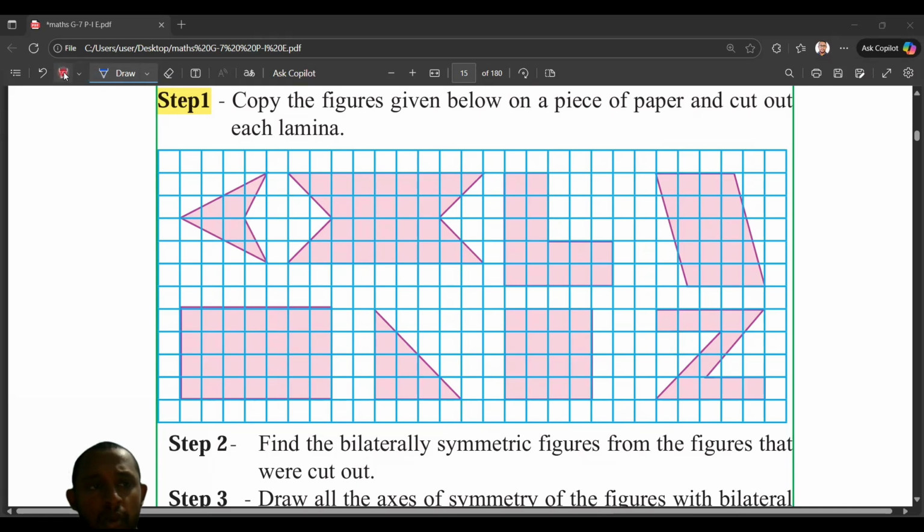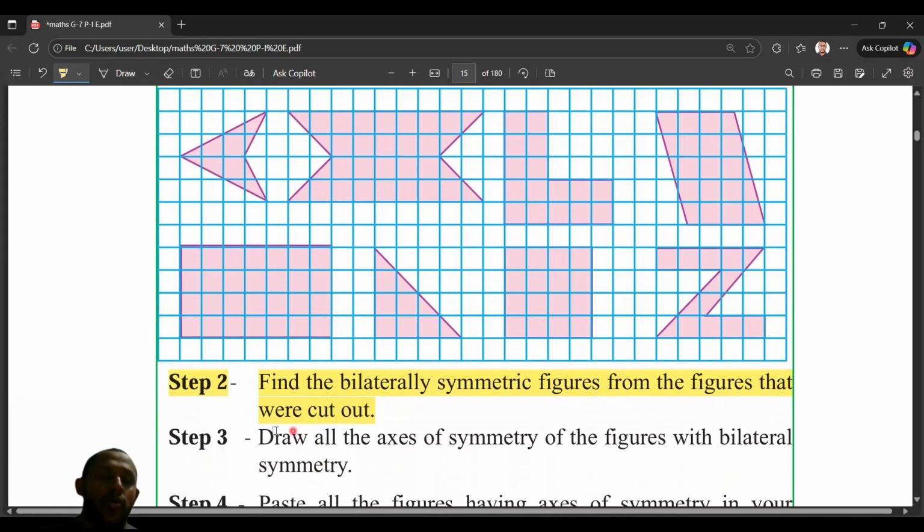And then what you have to do, under step 2, is find the bilaterally symmetric figures from the figures that were cut out. We were talking about what bilaterally symmetric figures are in our previous part.